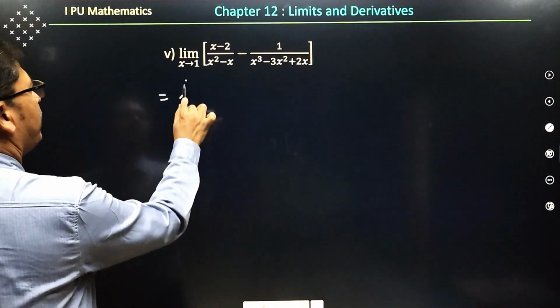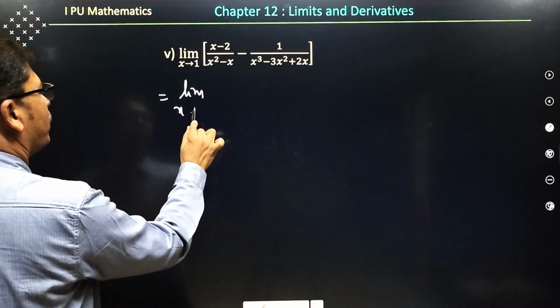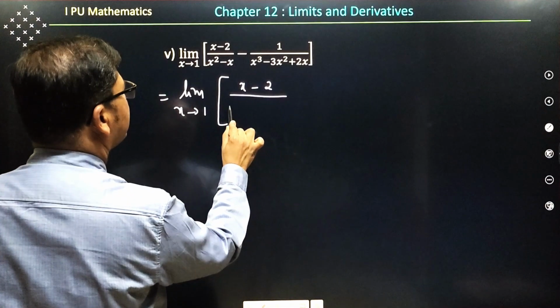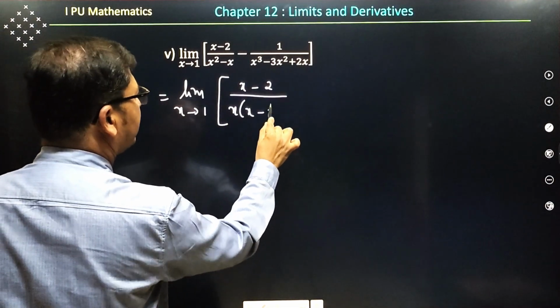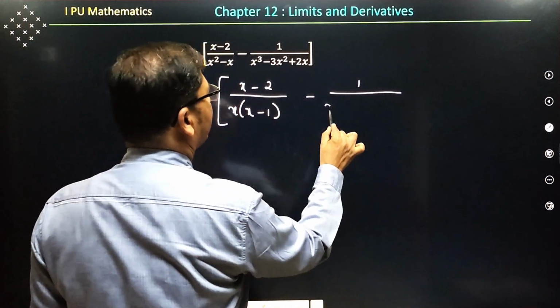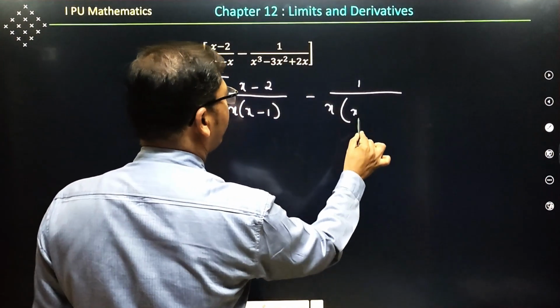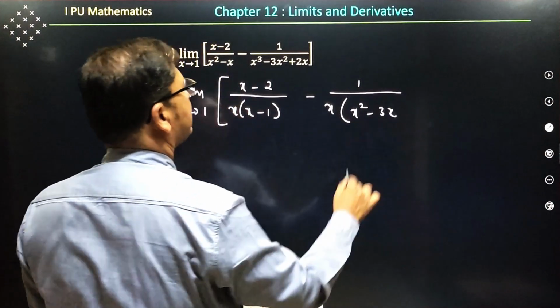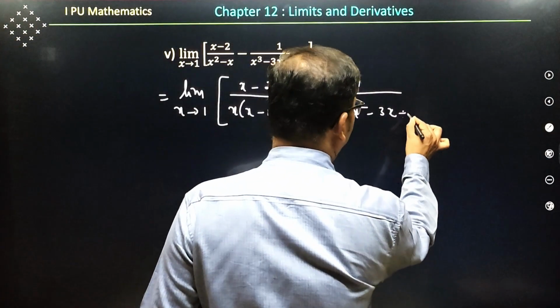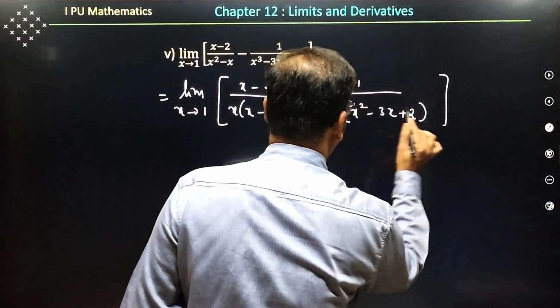This is equal to limit x tends to 1, x minus 2 divided by x into bracket x minus 1, minus 1 divided by, taking x common, x square remains, minus 3x remains, plus 2 remains. Okay, close the bracket.